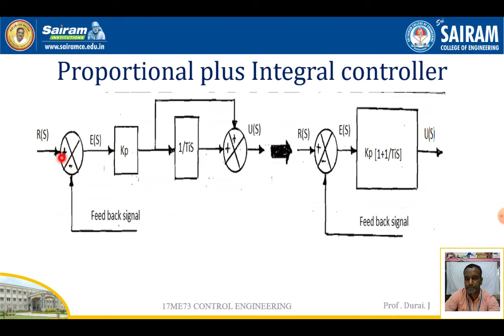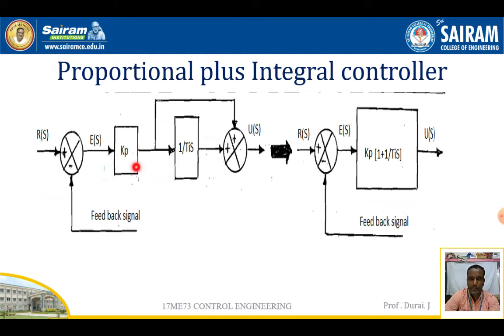Here R(s) is the input value, U(s) is the output value, E(s) is the error signal, and the feedback signal is sent over here, with Kp. This is the proportional controller and this is the integral controller.